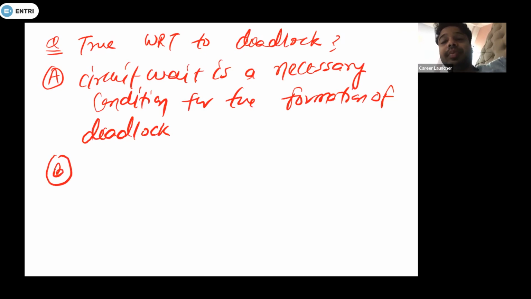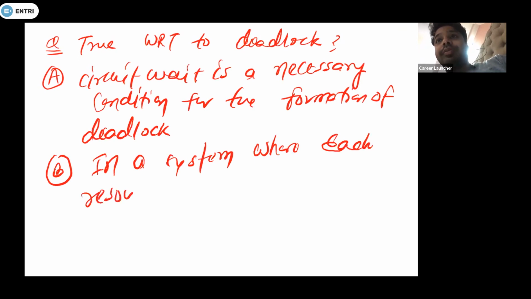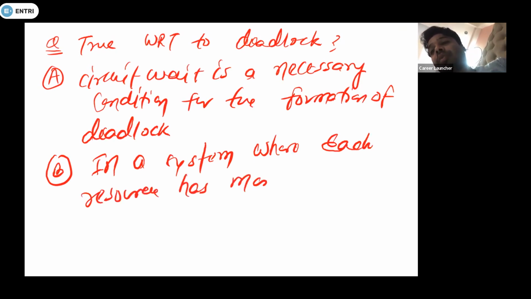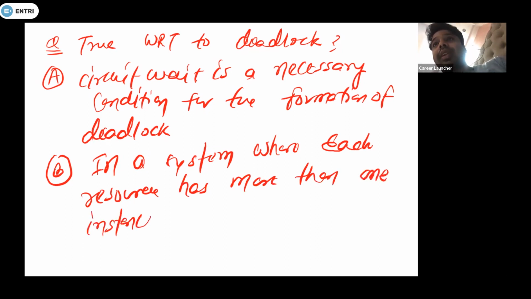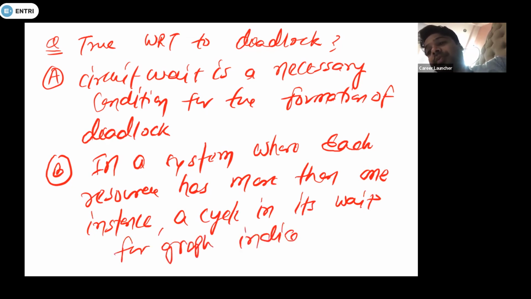B: in a system where each resource has more than one instance, a cycle in its wait-for graph, resource allocation graph, indicates the presence of deadlock.